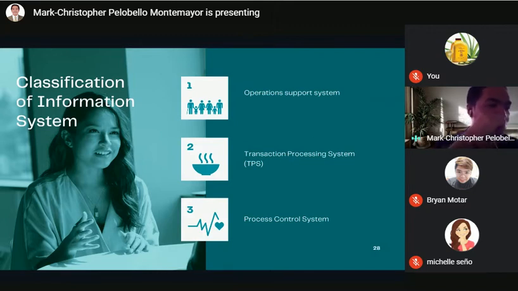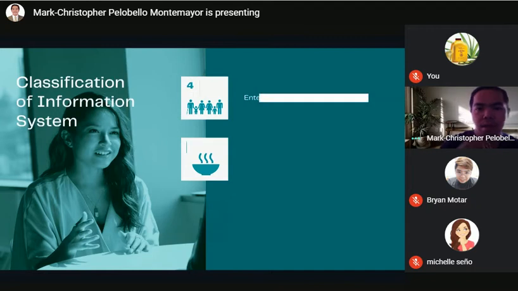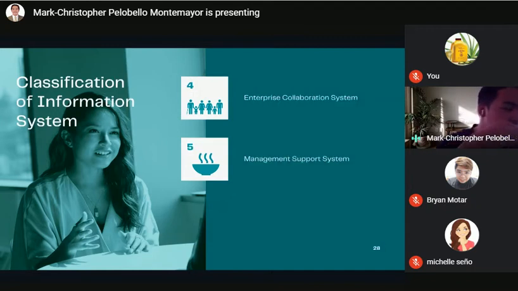Third one, or third subdivision po ng operation support system: enterprise collaboration system. In recent times, there is more on team effort or collaboration across different functional teams. A system which enables collaborative effort by improving communication and sharing of data is referred to as an enterprise collaboration system.